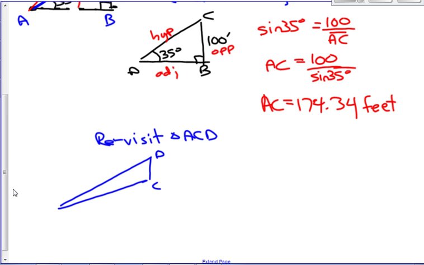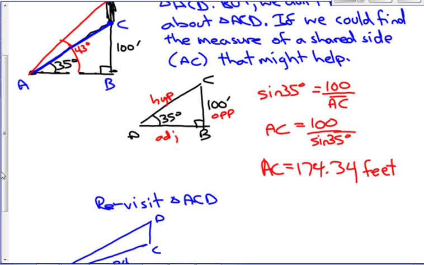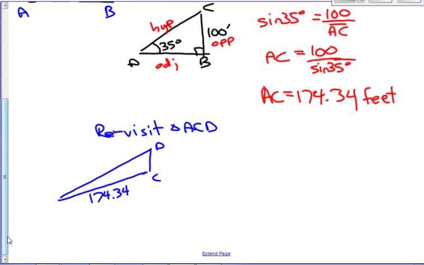We now know that this side is 174.34. We could easily reason out that this little angle here is 8 degrees. It's 43 minus the 35. So there's 8 degrees. And the CD is what we want to find.